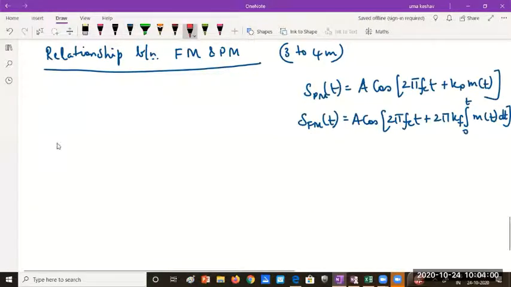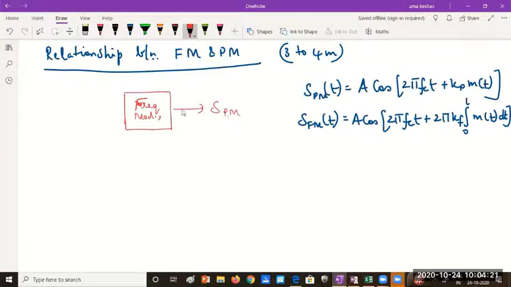So can you tell me, say I am given a frequency modulator. A frequency modulator is given to you. How would you get the phase modulated output?